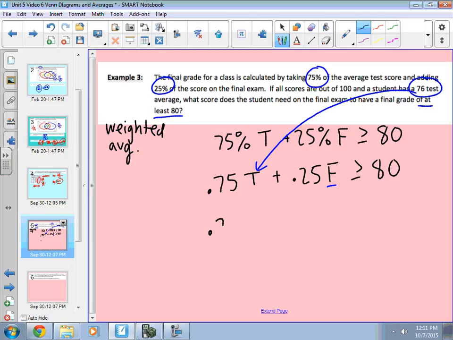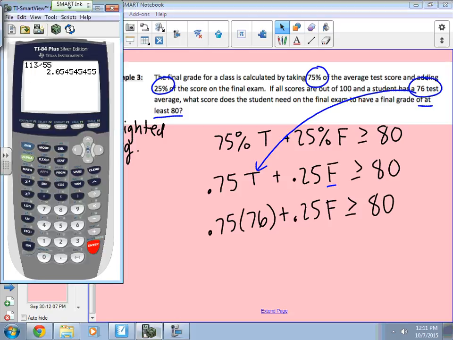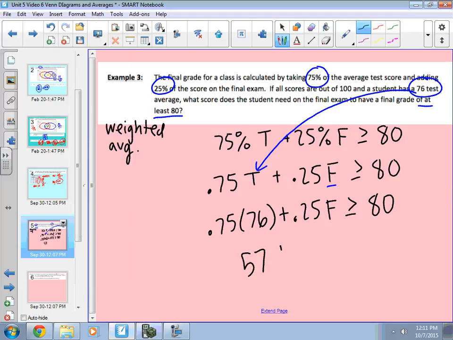So if we take 75% of 76, 25% is going to be from the final. We want that greater than or equal to 80. Let's solve this out. On your calculator, you want to find out what is 75% of 76. So 0.75 times 76. That means 57 is going to come from their tests.